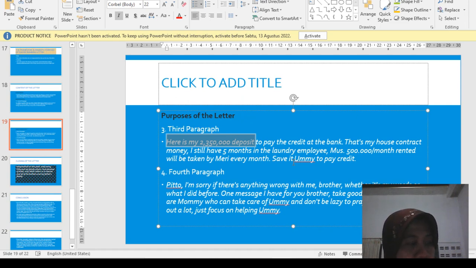If her mother doesn't take it, then Mary usually takes the money every month. The perpetrator doesn't explain who Mary is in this sentence. The perpetrator uses the relative sentence to tell his mother to take and save the perpetrator's money so that his mother can pay off the bank debt.